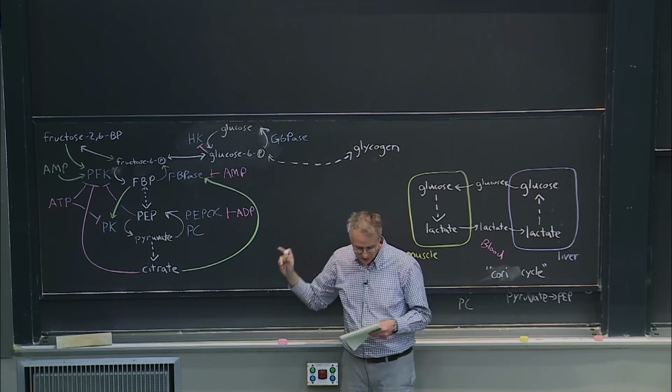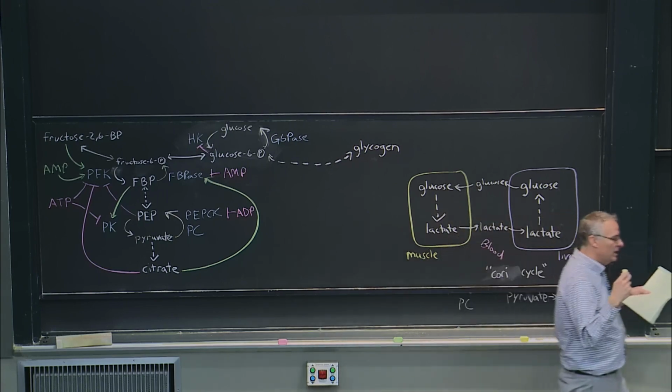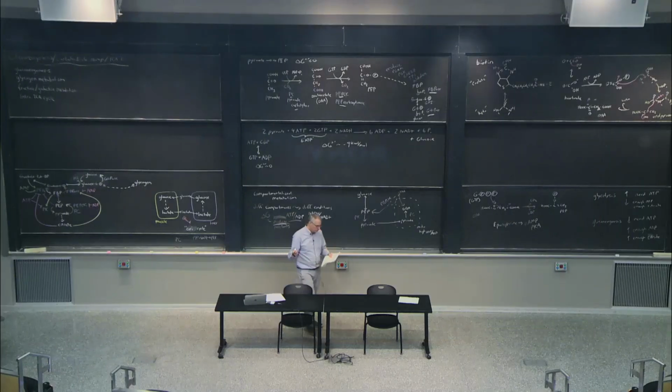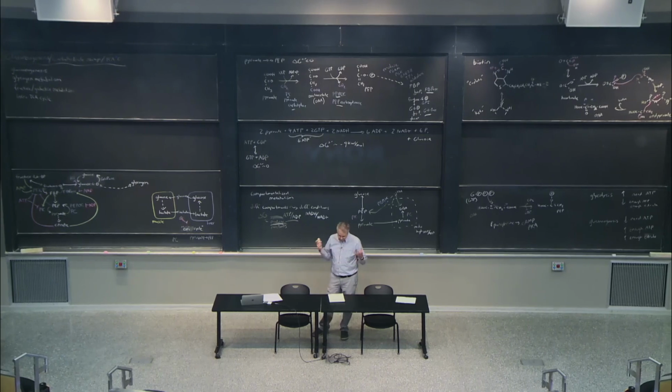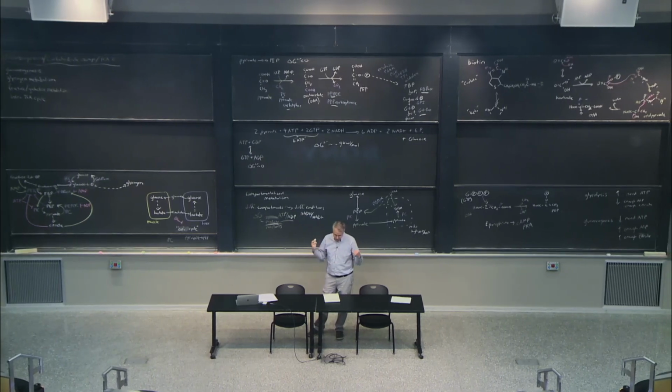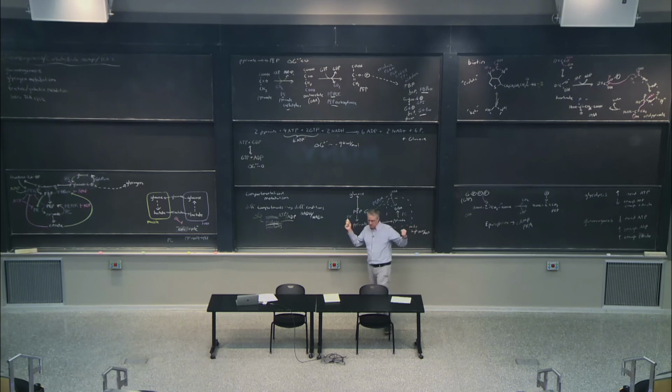And I want to discuss how you add and subtract those glucose units into storage polymers. Now, I'm going to discuss it in the context of glycogen storage in humans. But remember, plants actually store things also as glucose polymers. The chemistry is very similar, but obviously the regulation is very different.